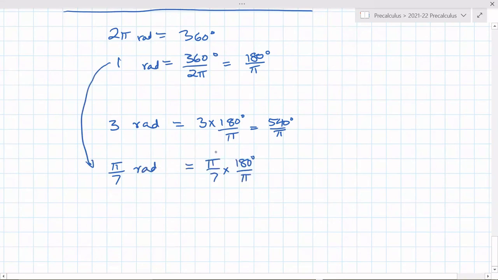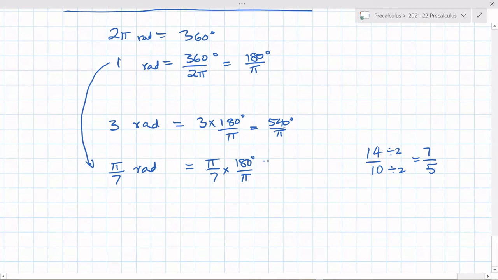Pi is a number, right? 3.14159 is a number like that. But if the same number is in the numerator and denominator, you know how to do equivalent fractions, right? So for example, if I have 14 over 10, I can divide by 2 and divide by 2. Then I get 7 over 5, correct?